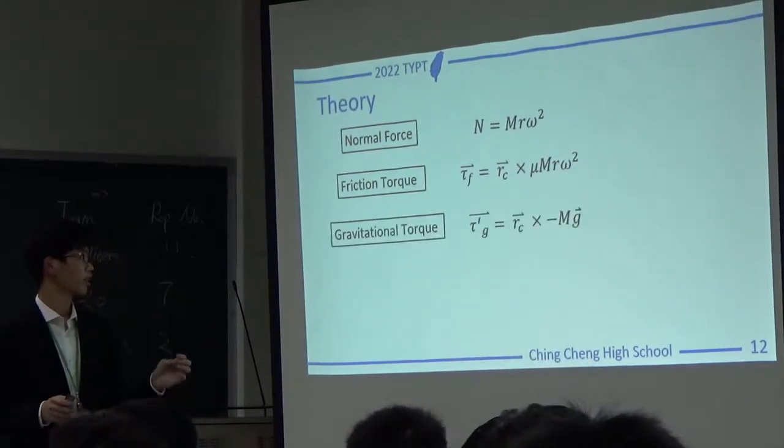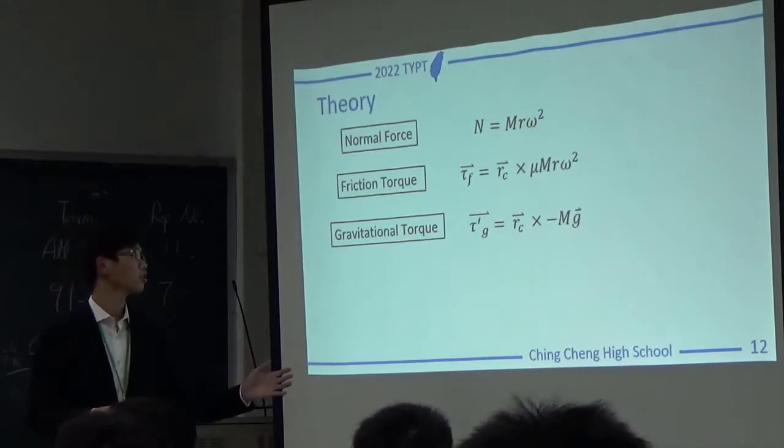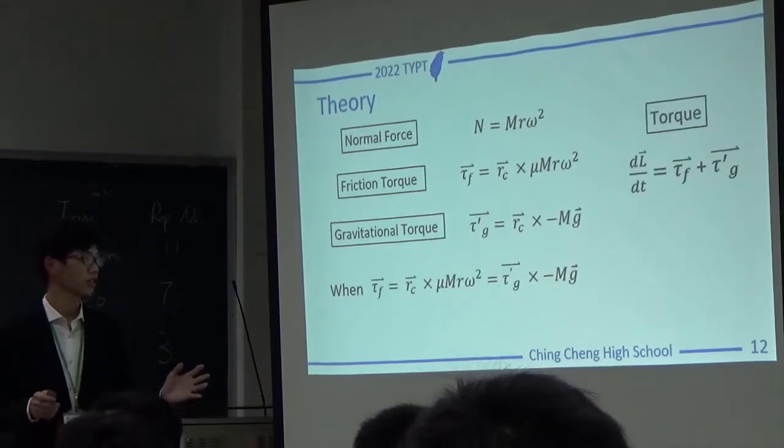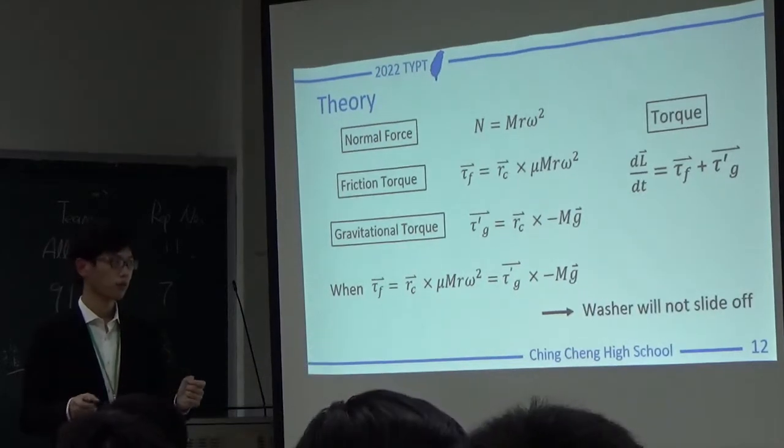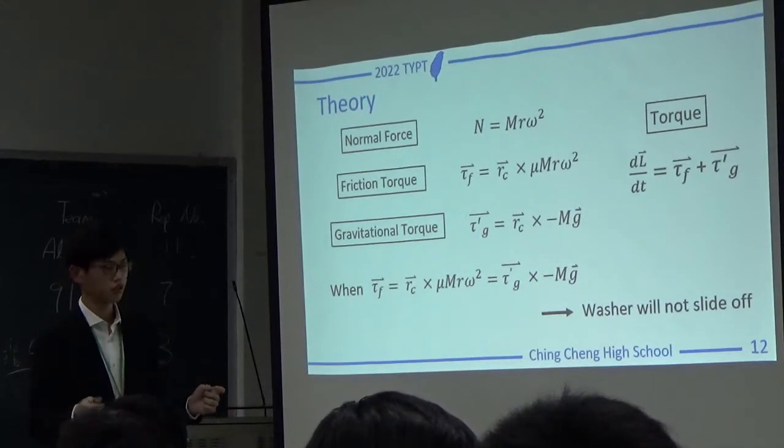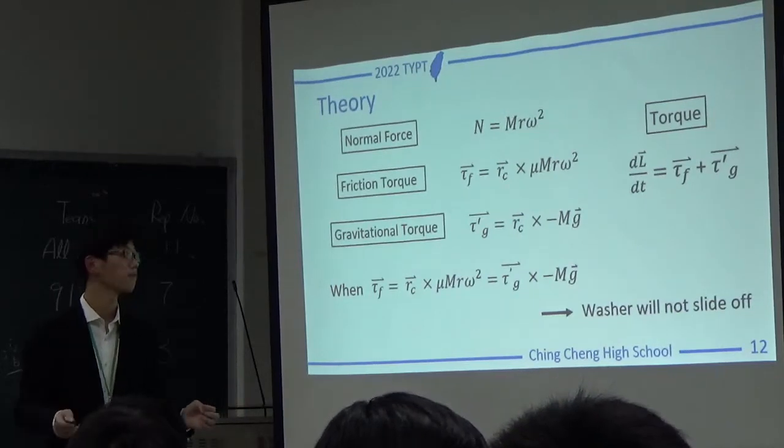We can also get the gravitational torque like this. If the two torques are the same, it will become a rolling motion, but the washer will not slide off.